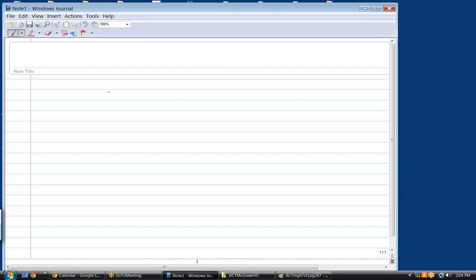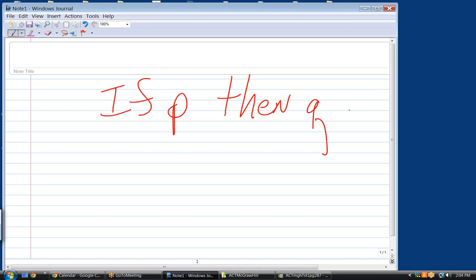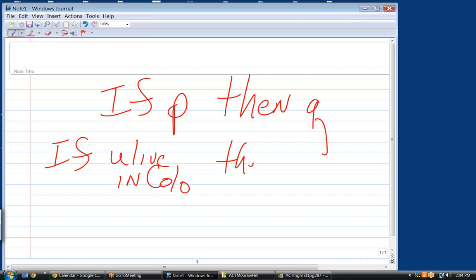And it's kind of like if P then Q does not mean if Q then P. In other words, if I said if you live in Colorado, then you live in the U.S. Well, you cannot say that if you live in the U.S., you live in Colorado. You don't. There's people who live in Florida that live in the U.S., but they don't live in Colorado.